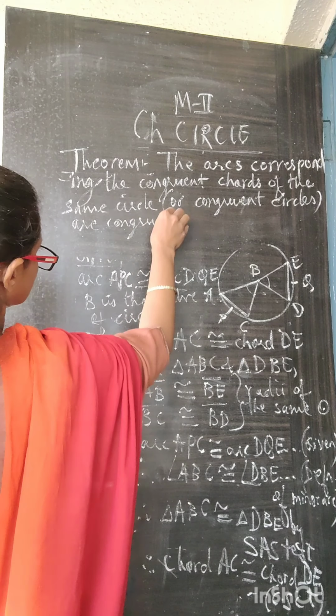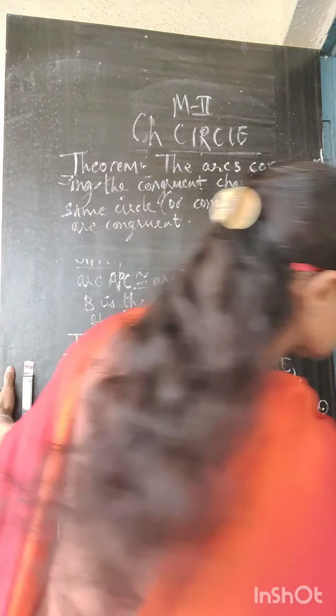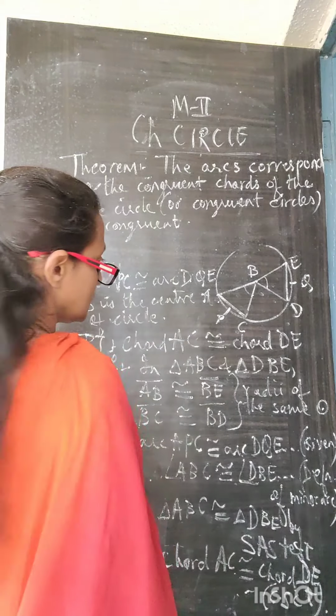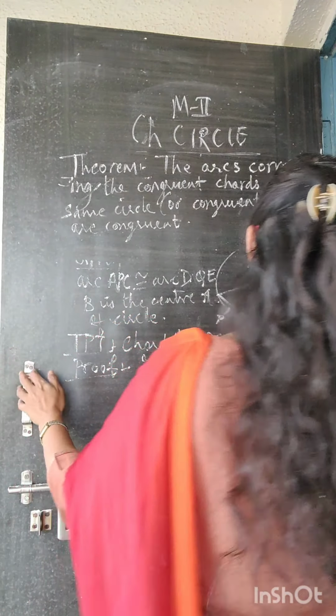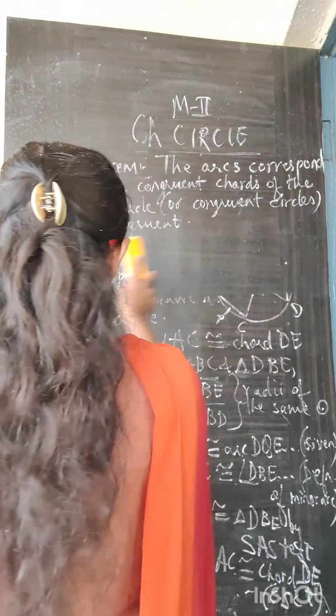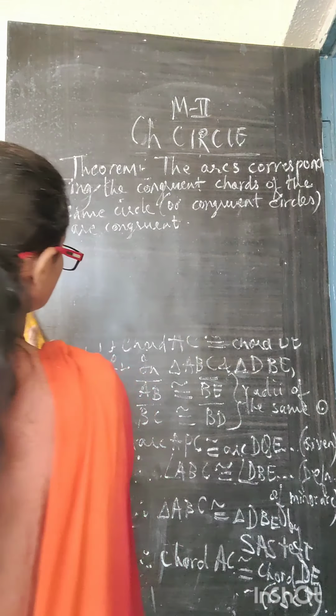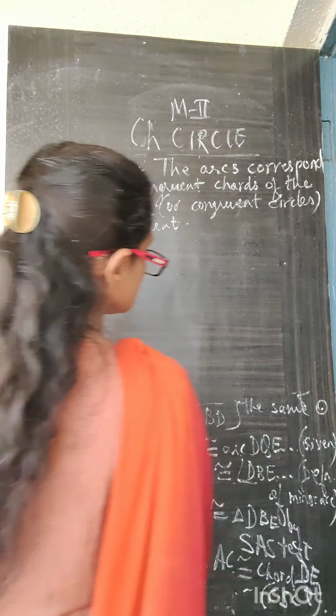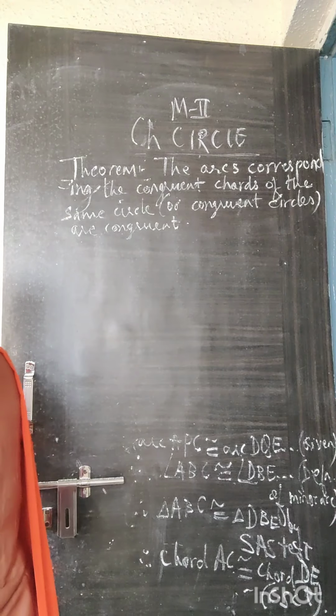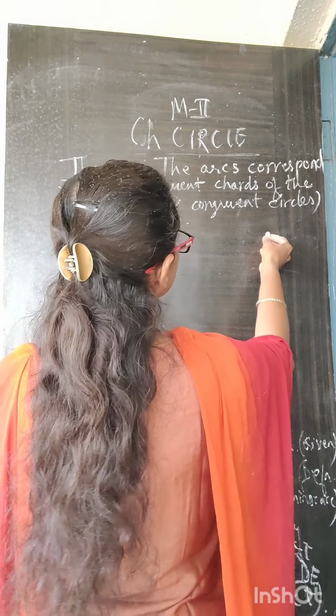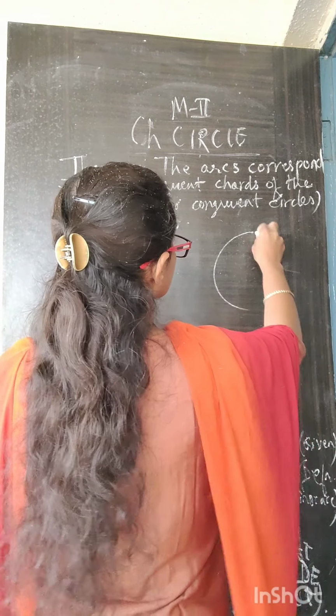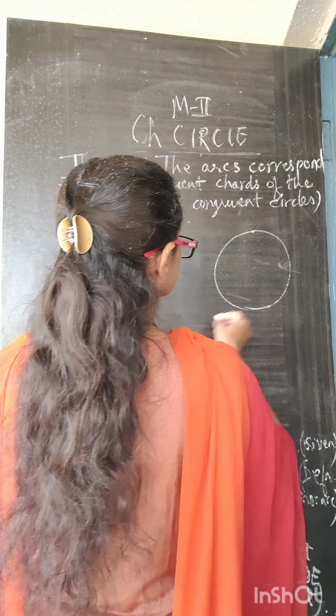So how do you prove it? Again, draw the figure for the same. So we'll draw the figure for this, write down the given, to prove, and the proof, right? Same thing. So what is going to be the figure? A circle.